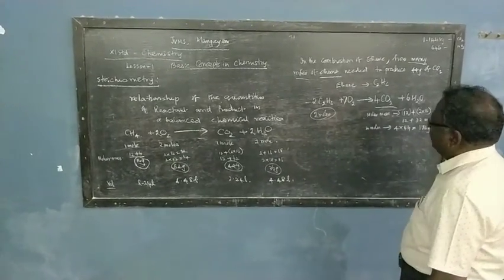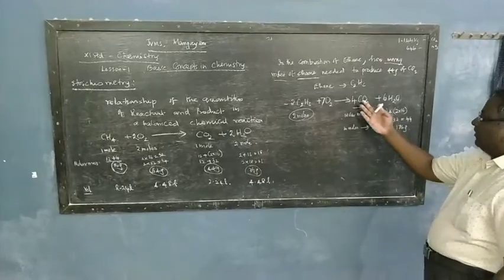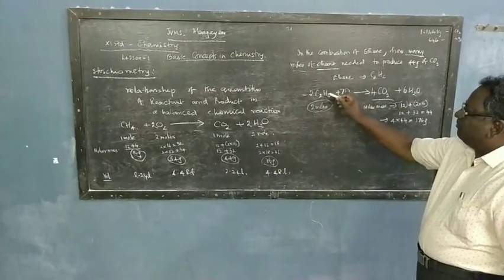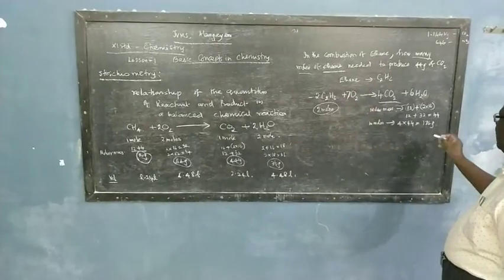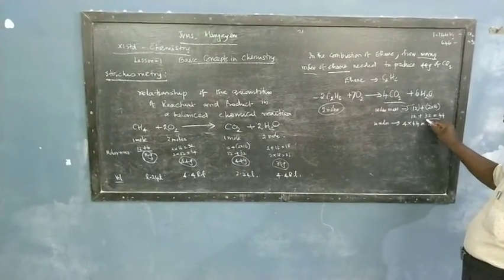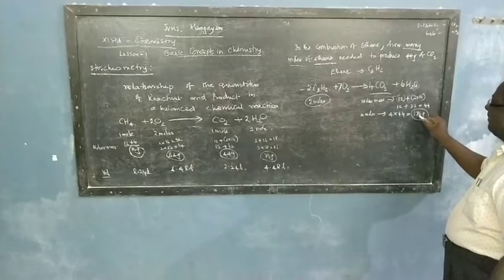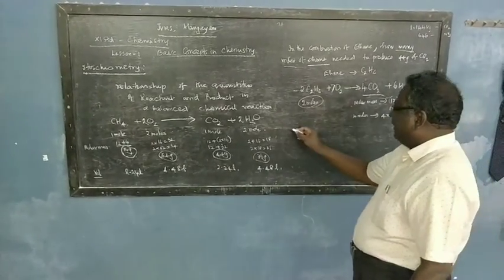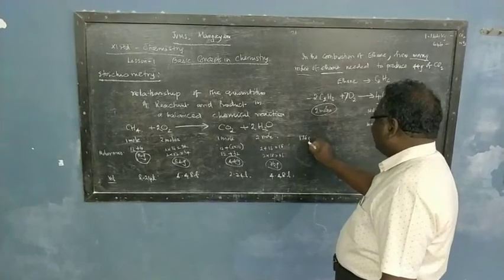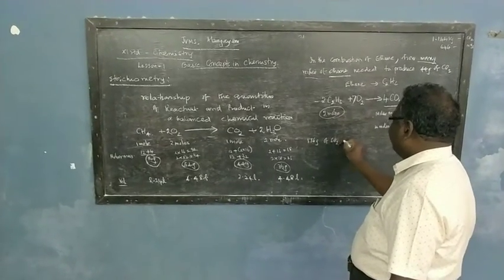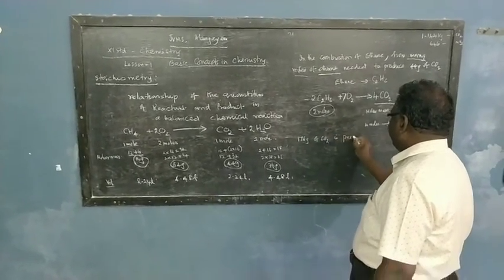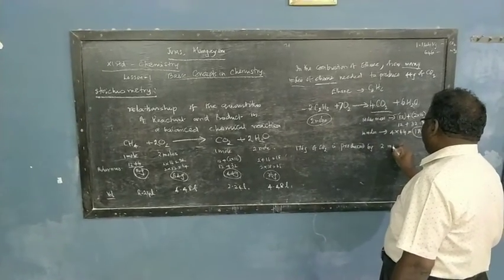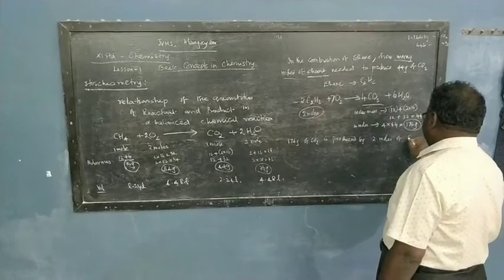So from this equation, from the stoichiometric equation, we find that 2 moles of ethane on burning will produce how many grams of carbon dioxide? 176 grams of carbon dioxide, right? Therefore we will write like this: 176 grams of carbon dioxide is produced by 2 moles of ethane.